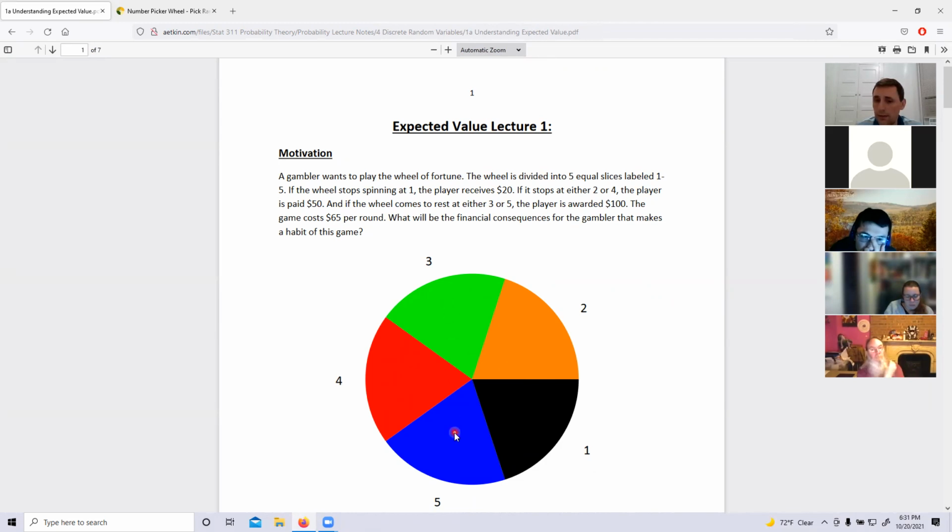If 3 or 5, you are paid $100. Now, the price of the game is $65. What will happen if you decide to play this game and make a habit of playing it? That's what we want to understand.